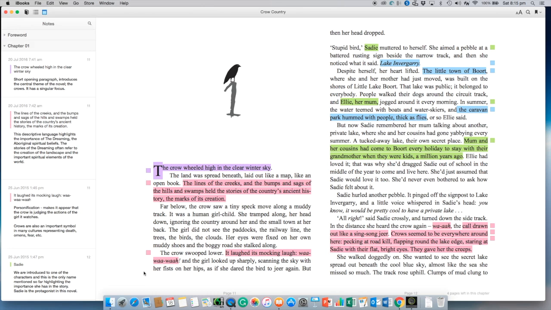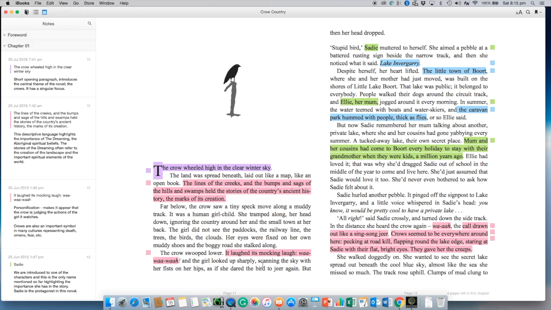But by personifying this crow and having its mocking laugh, we see it as this sort of human-like character, and we start to judge it as having much more human-like qualities because of the relationship that it develops with Sadie over the next few chapters.